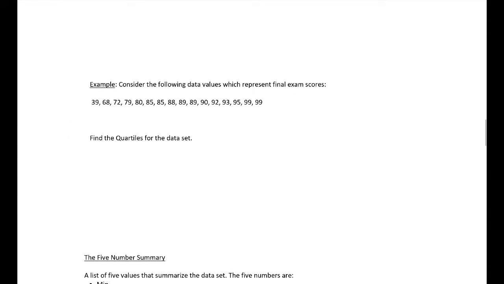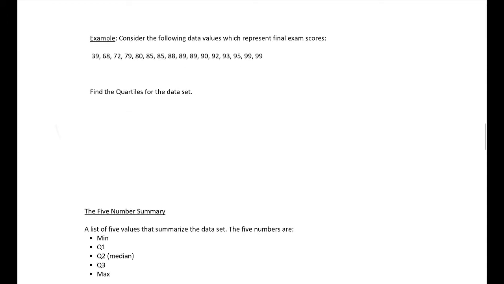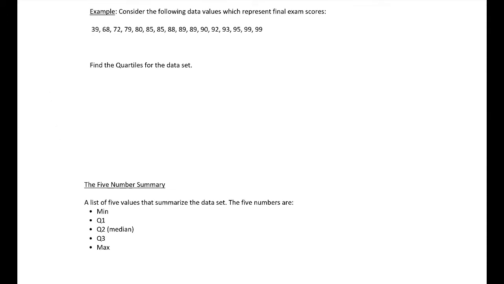For example, find the quartiles for our data set. So here we go. Q1, which we know is the 25th percentile, has its index located at k times n plus 1 divided by 100.